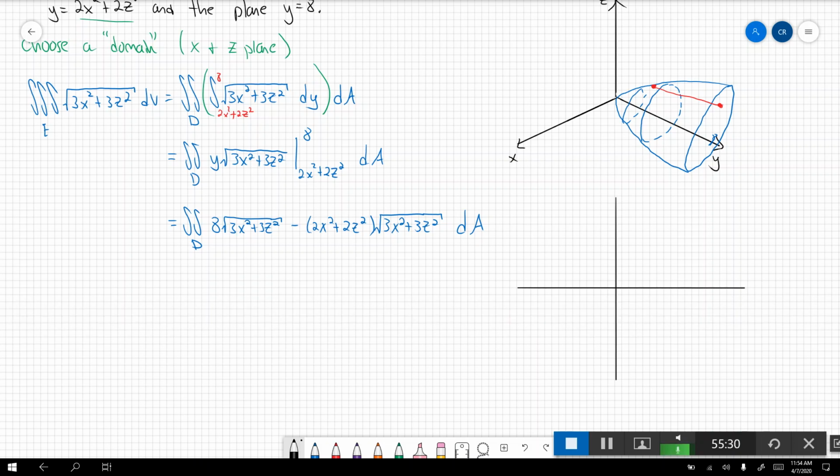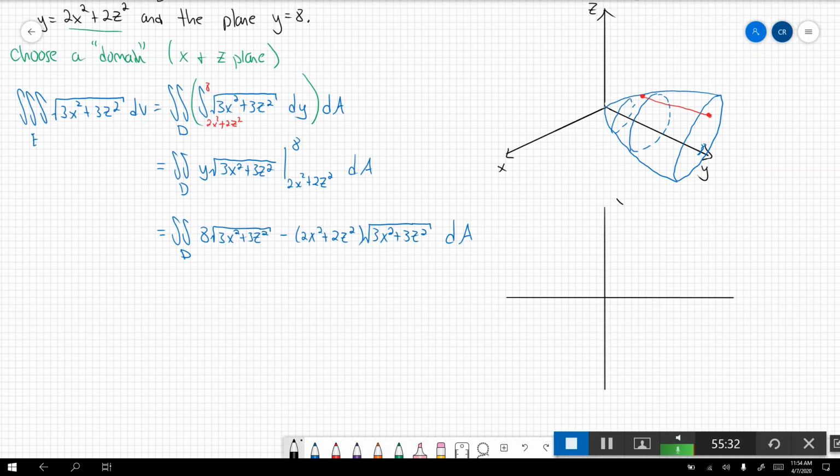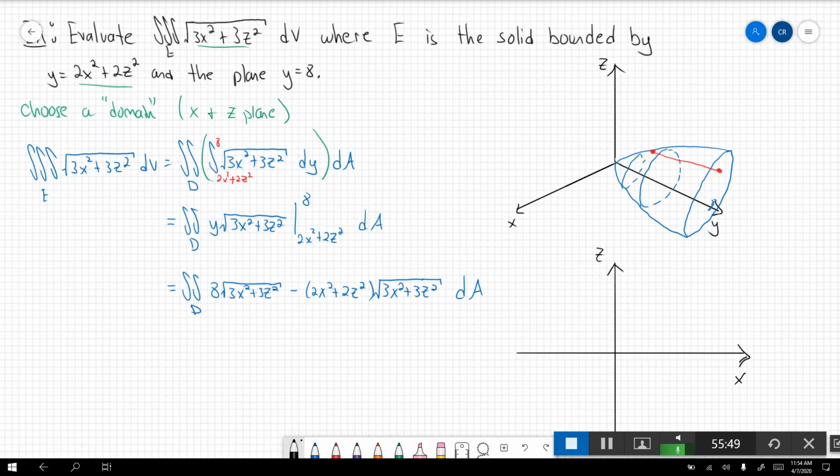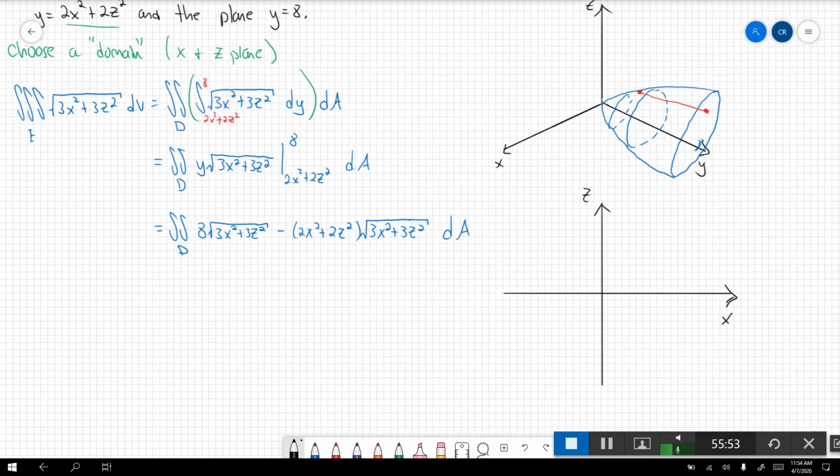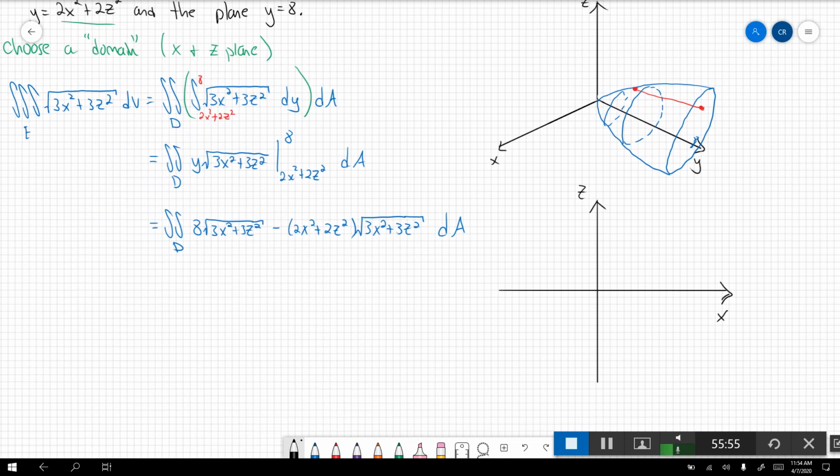Remember the domain that we chose initially was the xz plane, so this is x and this is z. Now, I want to make sure that I look at this equation in the xz plane. So when y is equal to 8, I want to see what's happening there.